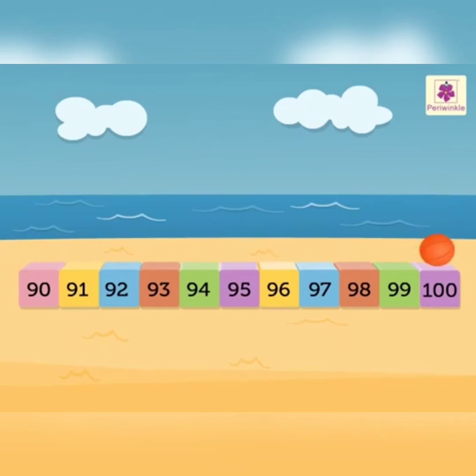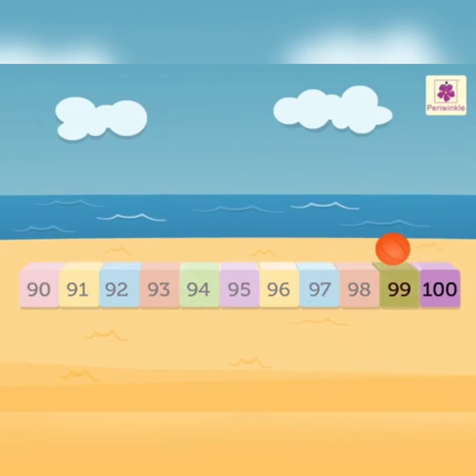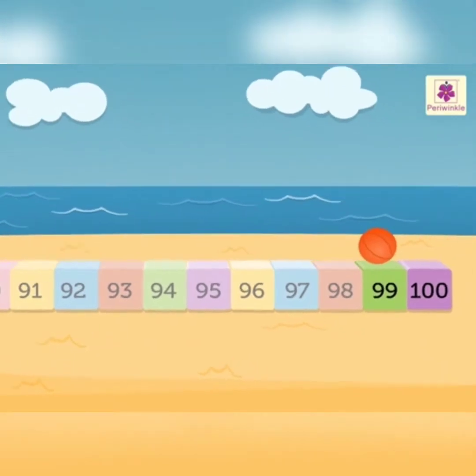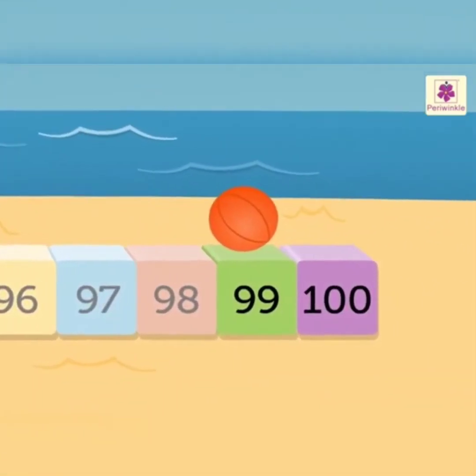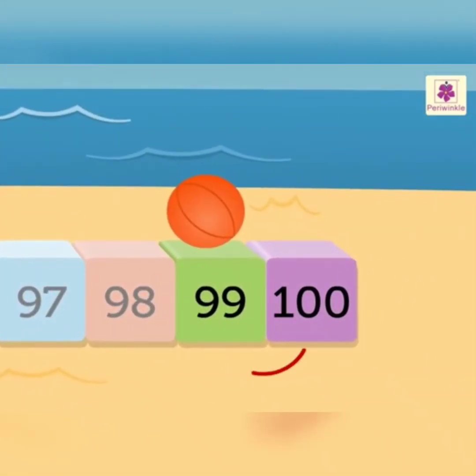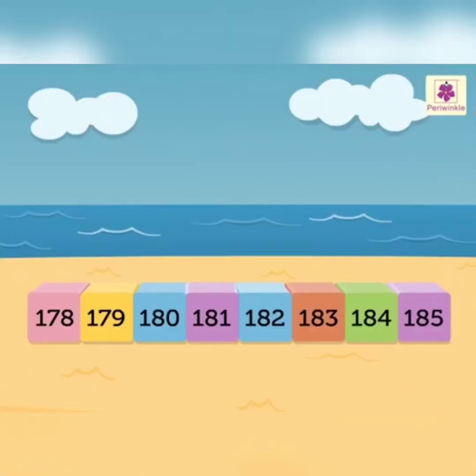Look here. The ball is on number 100. Which number comes before 100? Yes, 99.